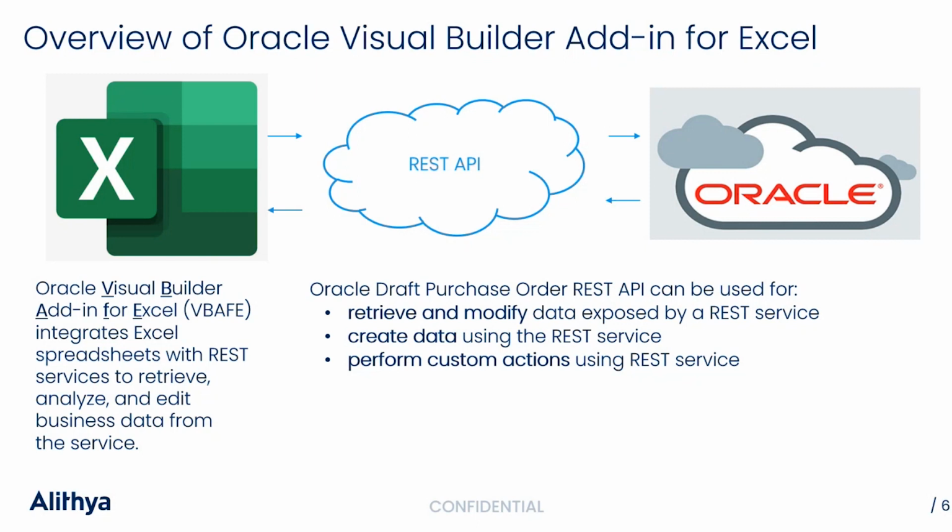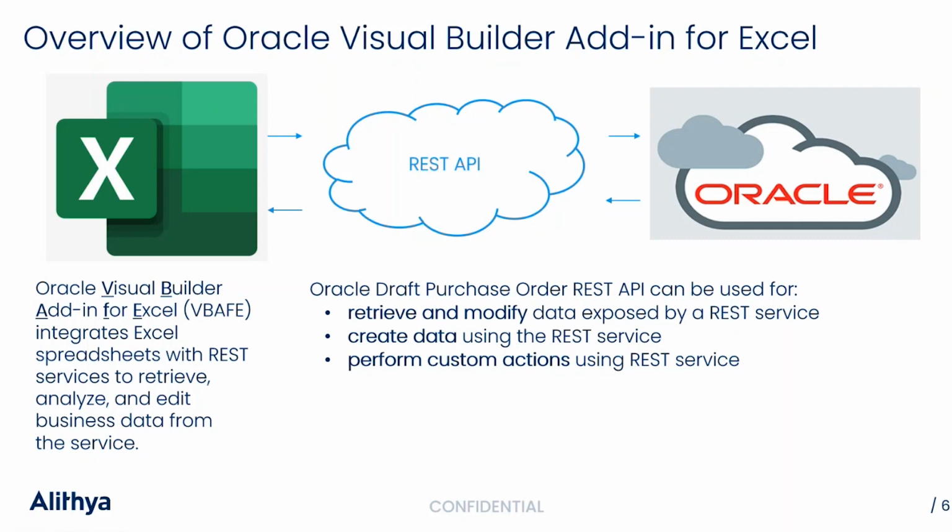You can use that template to download data from the Oracle application. You can make changes in Excel, and then you can upload those changes back into the application. You can also create data in the Excel template, and you can upload that new data into the application.